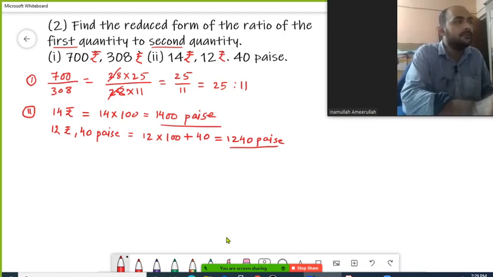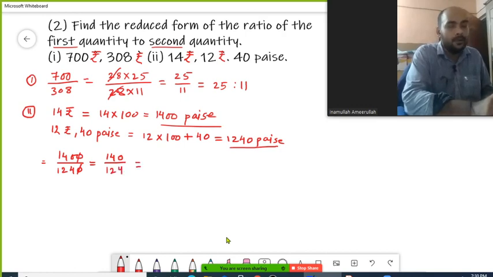So here we will write 1400 upon 1240. So 10 can be cancelled. So we will be left with 140 upon 124.